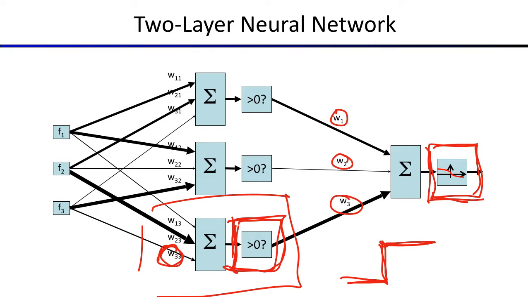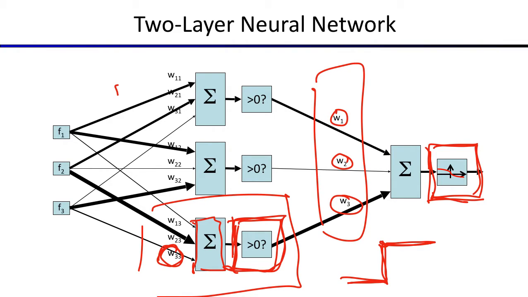Well, if I change this W33 a little bit on any input, a small change is not going to push the activation from this unit over the line from negative to positive or positive to negative. So we can get gradients in this part of the network fine, but we're going to be in trouble if we try to get gradients in any of these, because these intermediate units have the same kind of differentiability problems that our original loss function had.